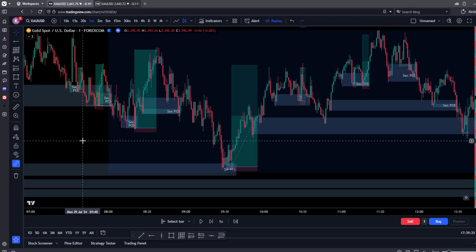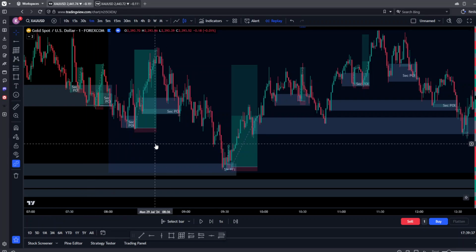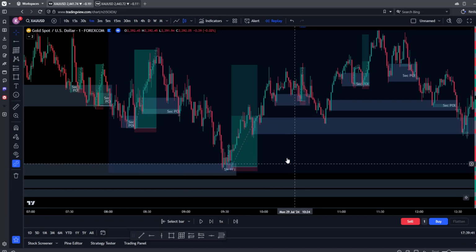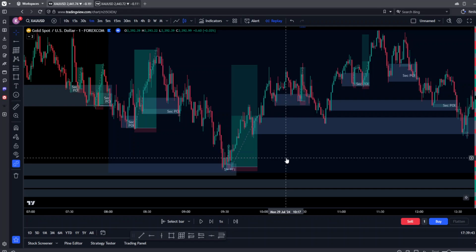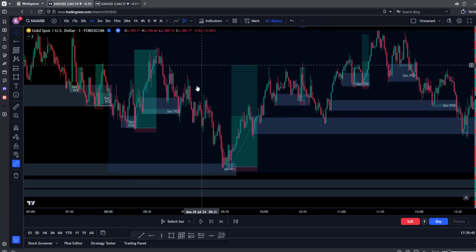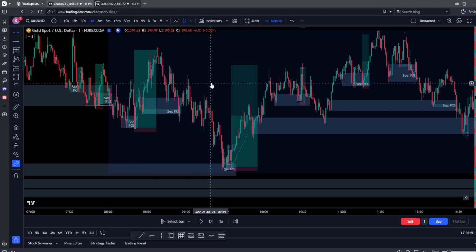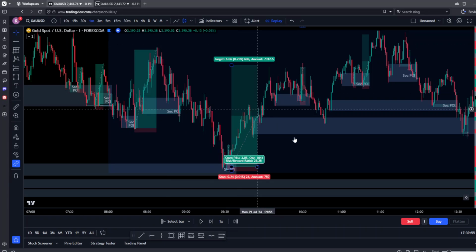Before you do that, you need to know your trend. I'm not going to be teaching you the trend aspect here. I use my method, but make sure you use a higher time frame. You can use 30 minutes, 15 minutes, 1 hour, 4 hour, daily, weekly. My advice is to go from daily downwards to know your daily trend.